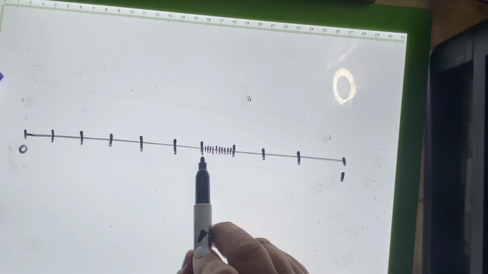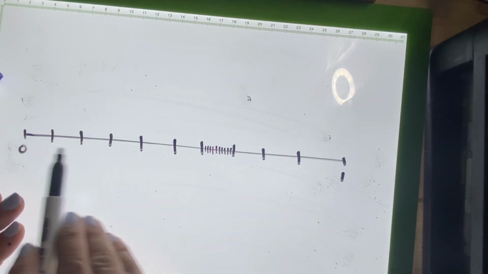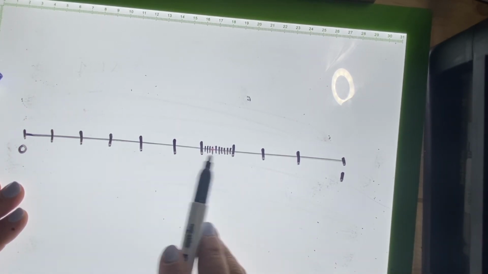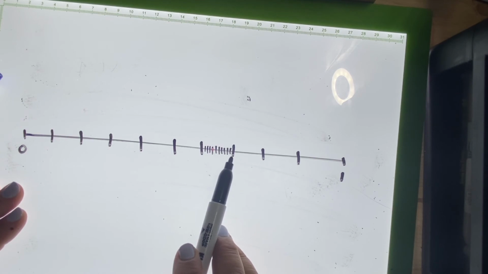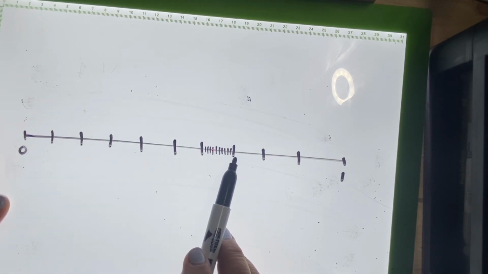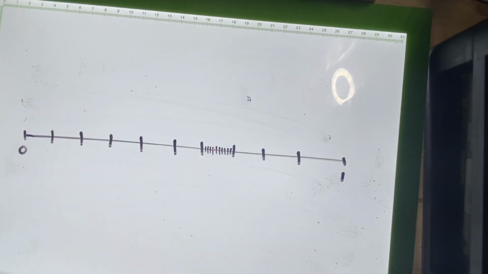So what I want to do is, I know that this is broken into tens, but this is broken into hundredths because I've got 10 in here. So I'm going to look at it as counting by tens because I have to find the hundredths.